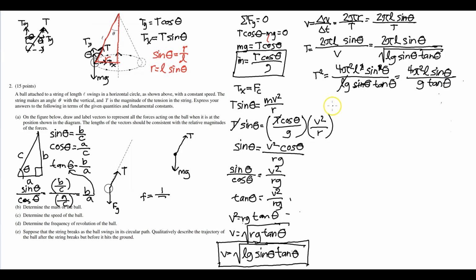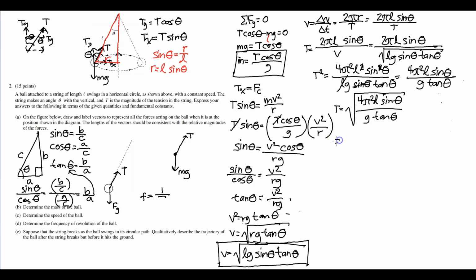So if you take the square root, you get T equals the square root of 4 pi squared L sine theta over G tangent of theta. Okay, so we can do some more simplification here.